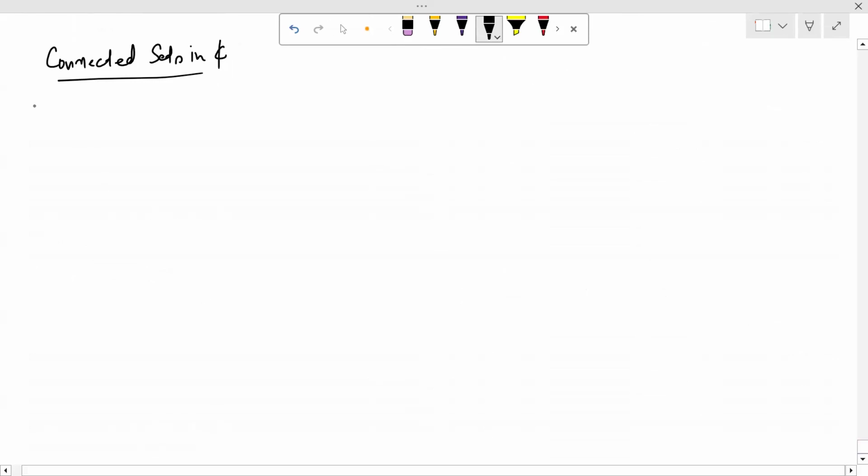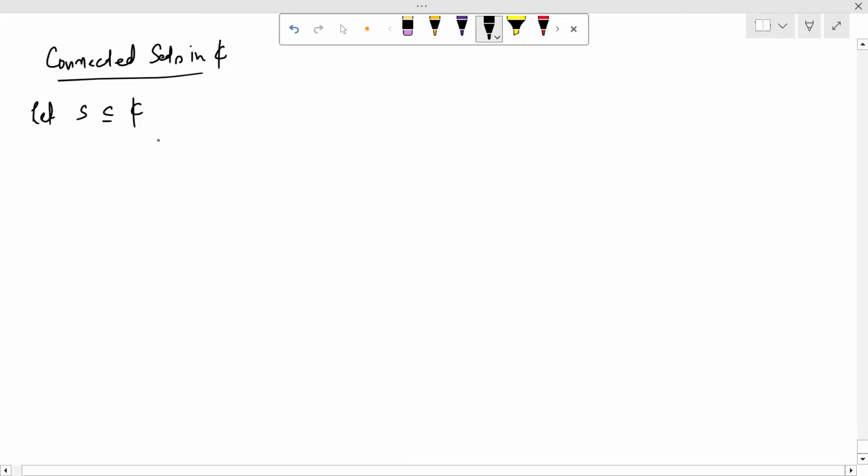Let S be a subset of complex numbers. I think I wrote it yesterday, so just give me a minute so that I see my copy.